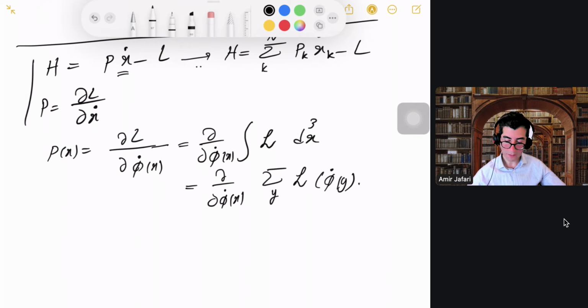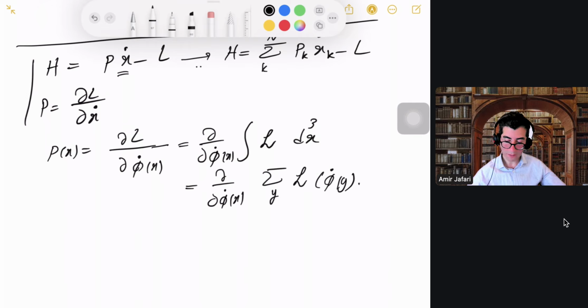And the Hamiltonian itself is again defined by the sum of p φ dot minus L, from classical mechanics, where we are summing over all these particles. So you can write this now in the continuum limit.